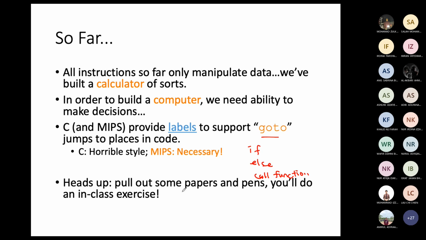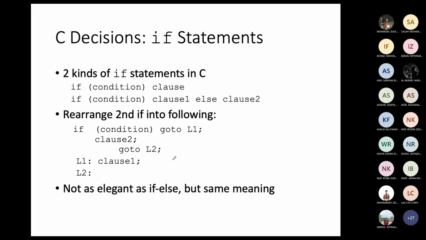Heads up, pull out some papers and pens, and then you can do an in-class exercise. Remember, if we have an if statement in C, usually the syntax will be like this: if condition, and then the clause that you want to write if the condition is true, so that clause will be executed. Another if statement is: if condition, clause 1 refers to the true statement, else we execute the false statement.